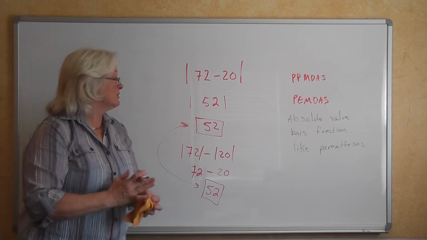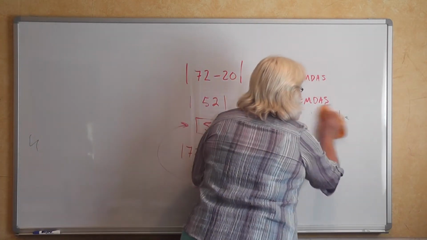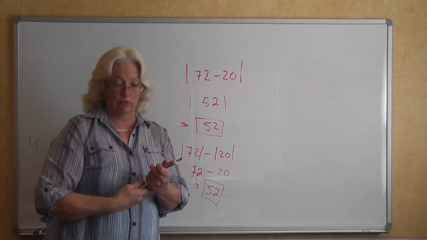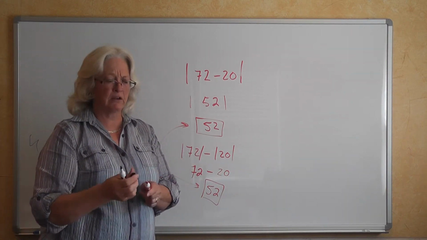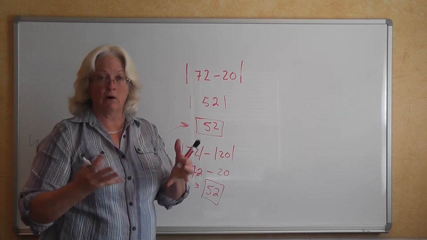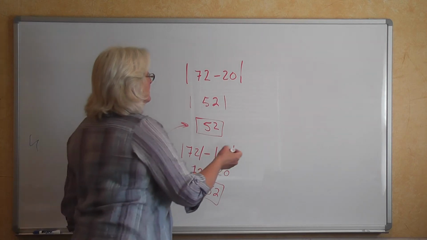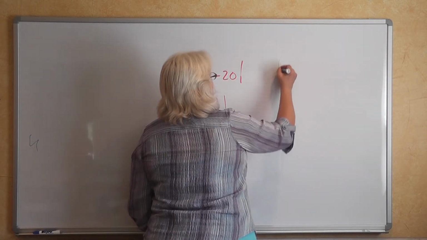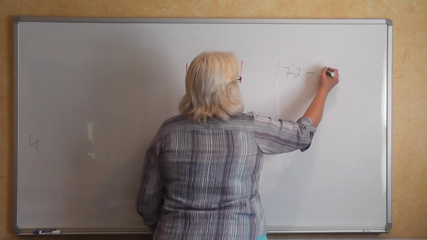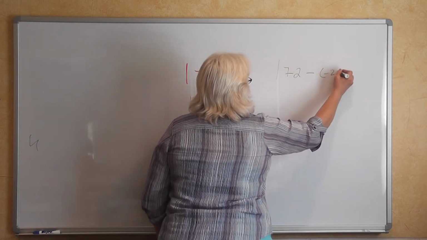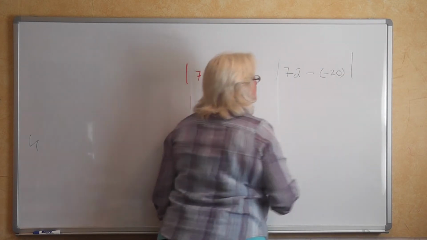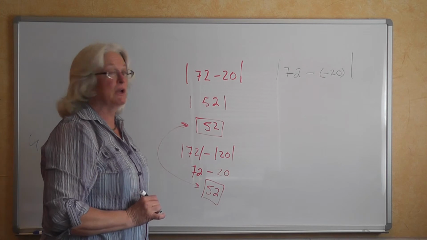Let me do a different illustration for you over here and show you what I really wanted to show you. I was trying not to work with negative numbers. These should be familiar to you because they are integers that you've been working with. But let's say that we had the absolute value of 72 minus a negative 20. What are we going to get there?